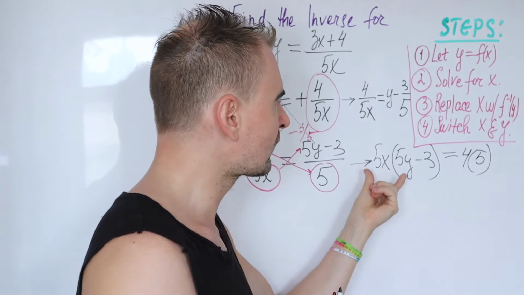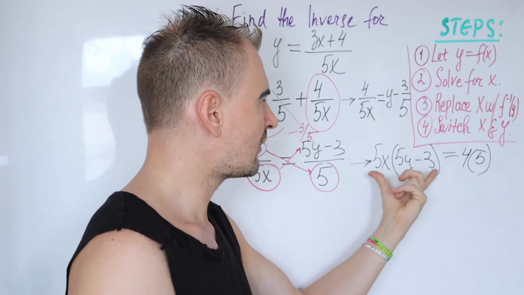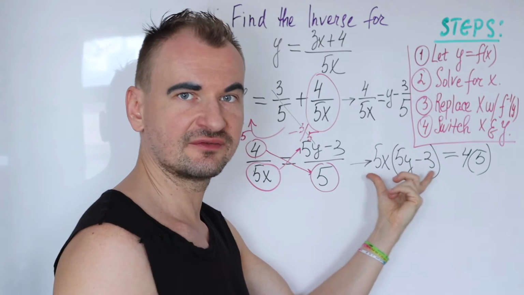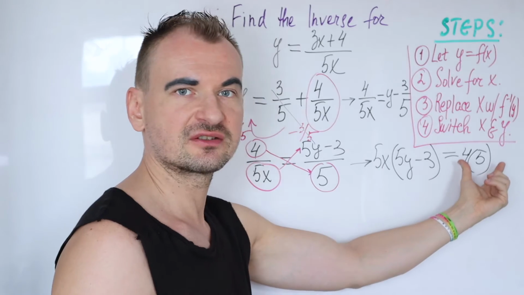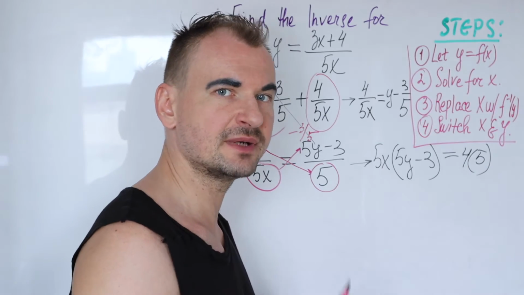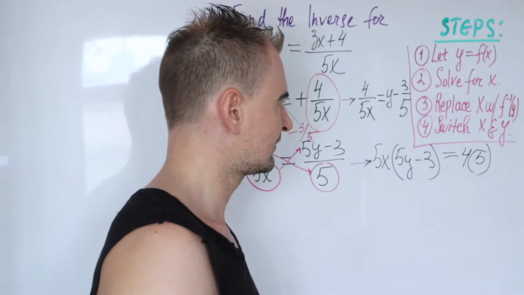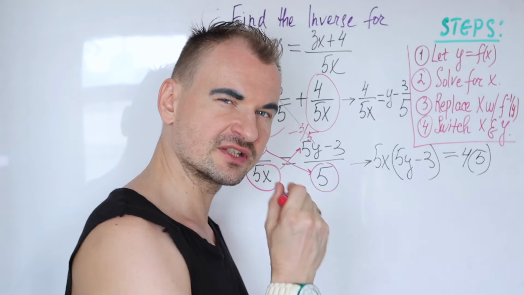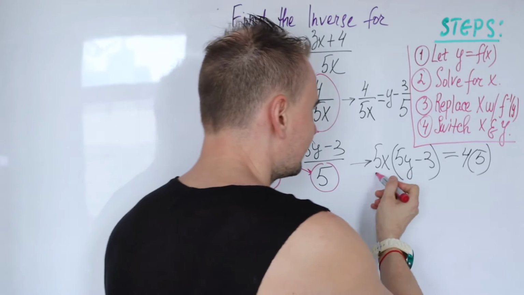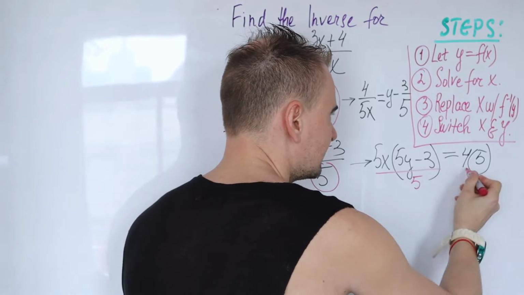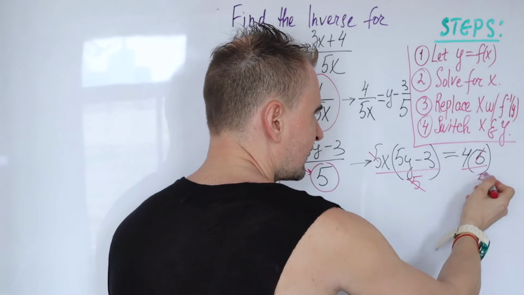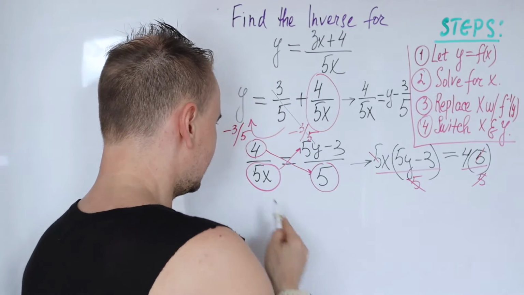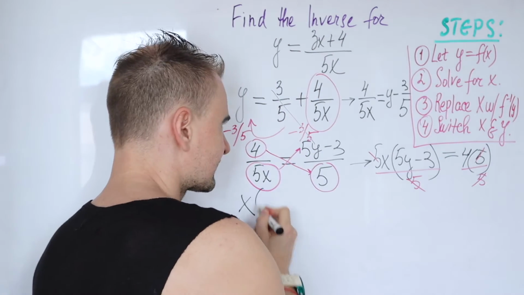Since 5 goes on the left side 5 times, and 5 is attached to the right side, you could simply cancel by 5. You can divide by 5 both sides. When you divide by 5, these 5 cancel each other out, so you would be left with x.